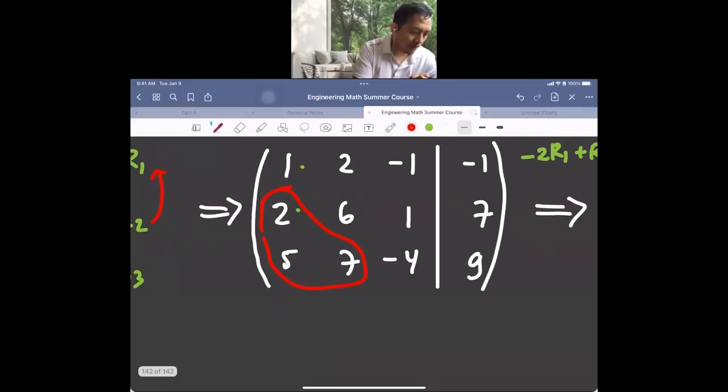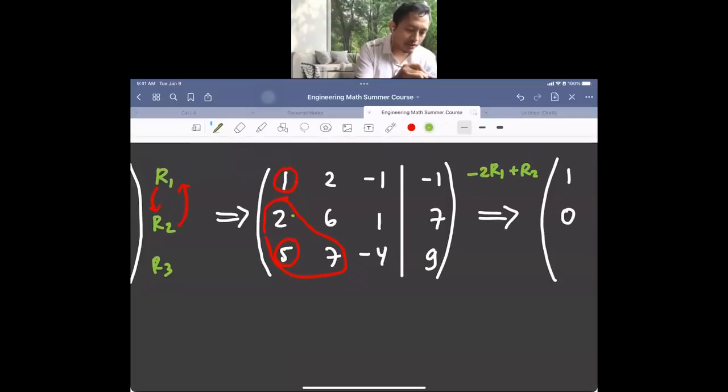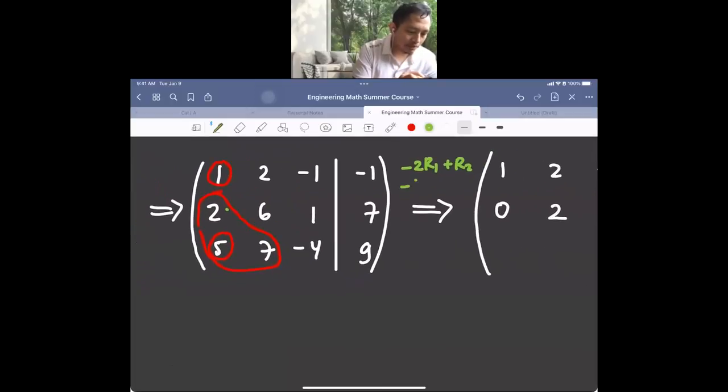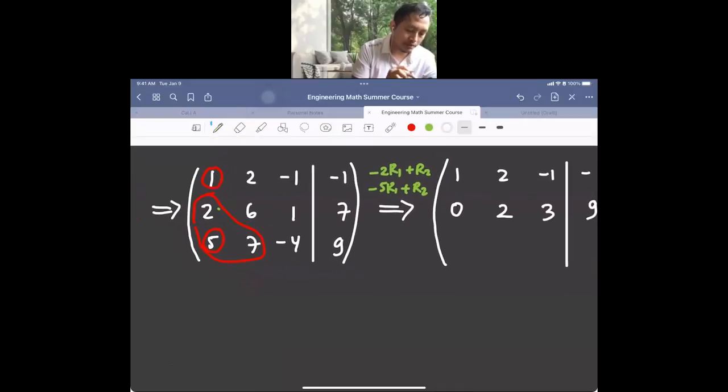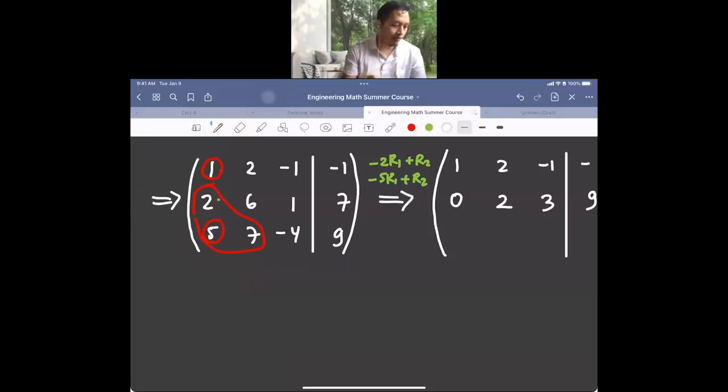And then this part is having 5, right? And we have 1 here. So I will just multiply 1 by 5 so we can subtract. So the next part is -5r1 plus r3, or r3 minus 5r1, for this third row.